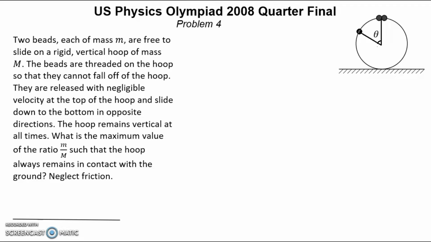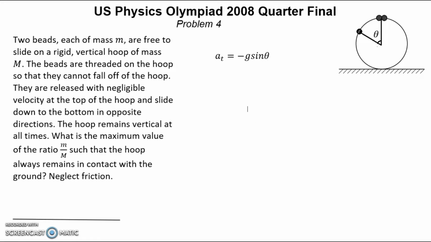I show only one bead, but the other is in the same position in the opposite direction. Now we can count both accelerations, tangential and normal. Tangential acceleration can be found from the formula a equal negative g sine theta.